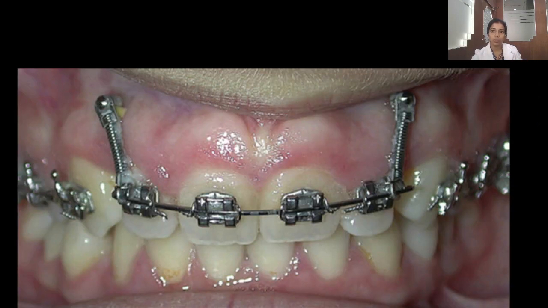In this condition, two TADs are put in between the roots of the lateral incisor and canine to intrude the maxillary anteriors. That is basically for the correction of anterior display. When the gingival visibility is more, we may require the intrusion of maxillary anteriors. So placement of two TADs in between the lateral and canine roots helps us to intrude the anterior segment.